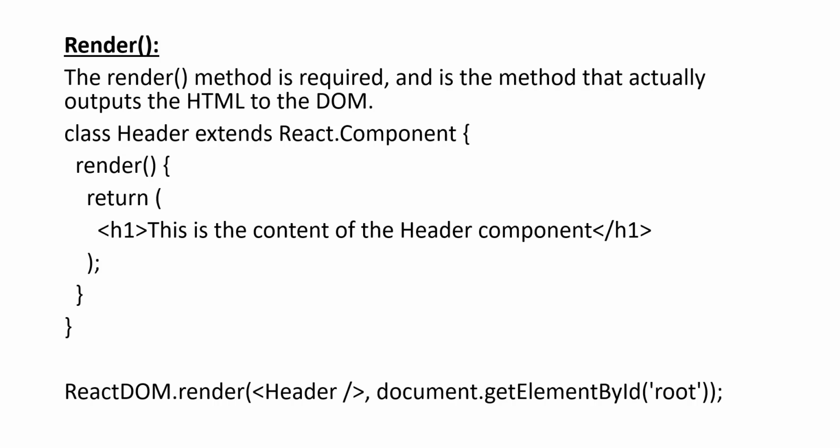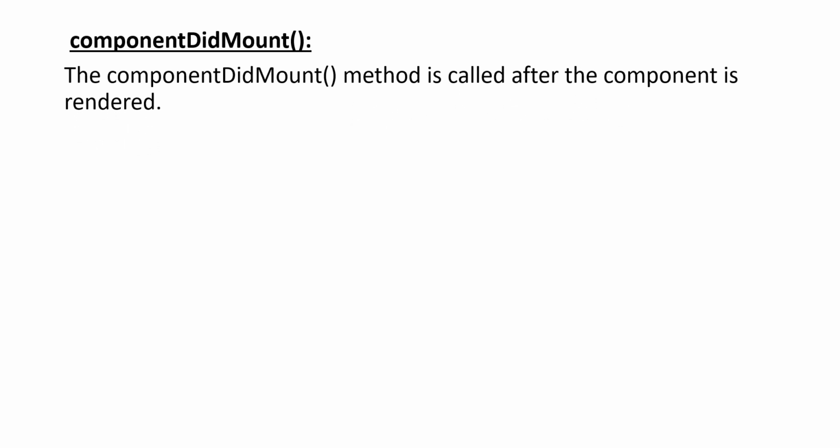We will do a practical of this render method with another method, that is componentDidMount. Let's jump to componentDidMount. The componentDidMount method is called after the component is rendered. If you render your component, then you can call the componentDidMount method. It is invoked immediately after the component is mounted, or after the render method has taken place.